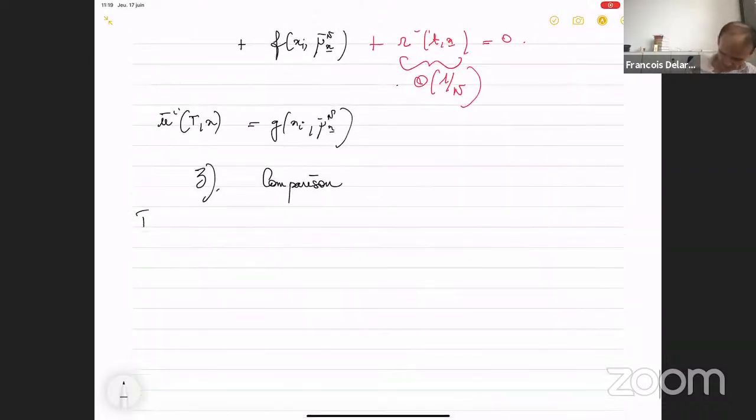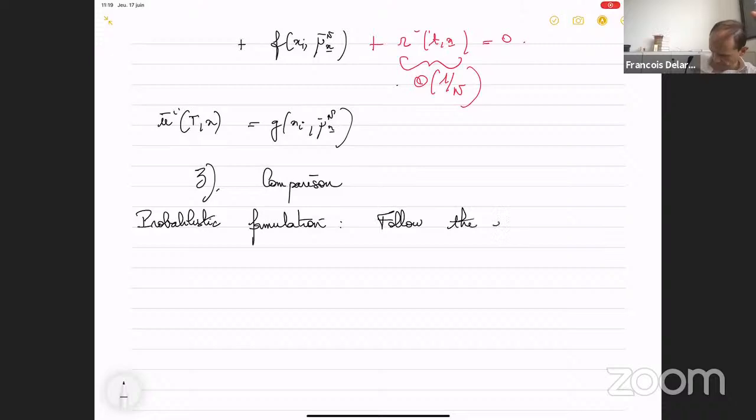So if I go back to the probabilistic formulation, I should certainly be tempted to follow the dynamics of the cost for the n-player game at equilibrium along the particles. So follow the equilibrium cost.